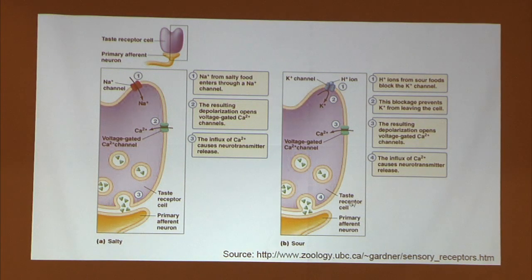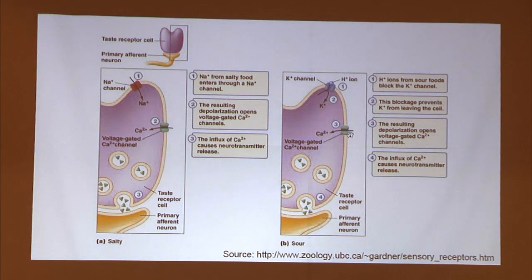And then sour is over here. Sour is blocking potassium channels. So if potassium can't get out, that's causing a depolarization, or enough of a depolarization to open calcium channels. So it's a different way for it to do that.